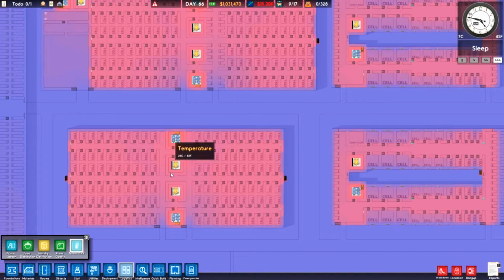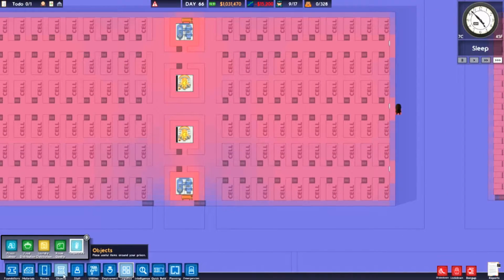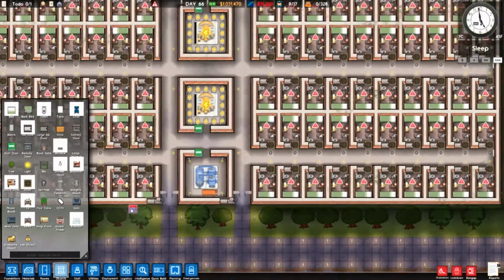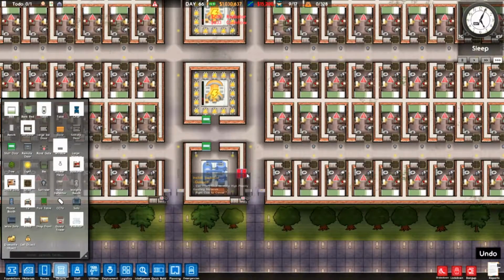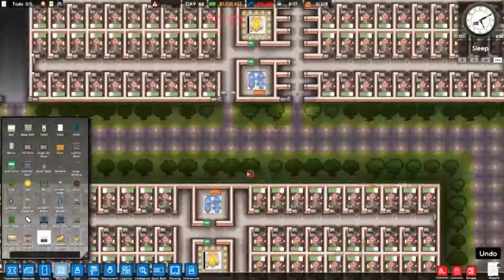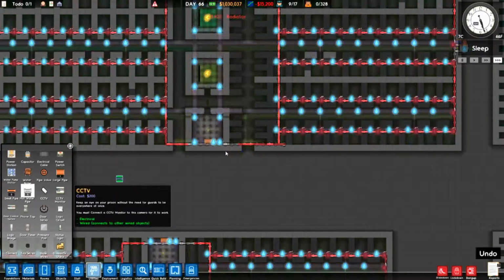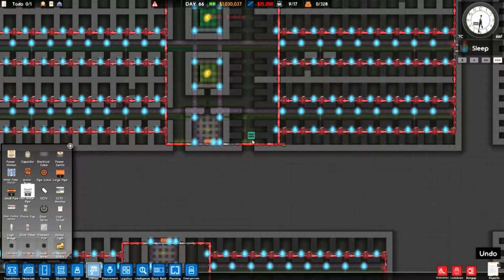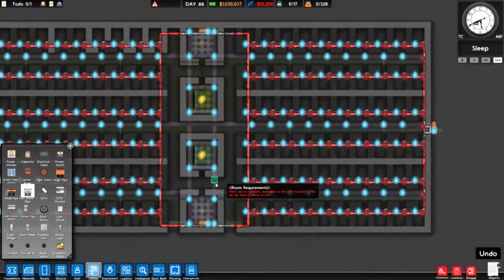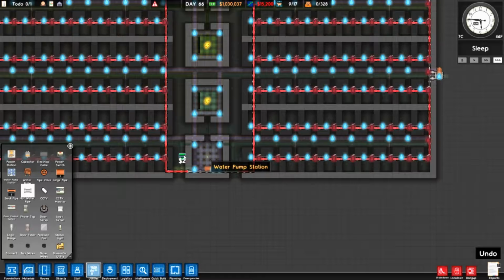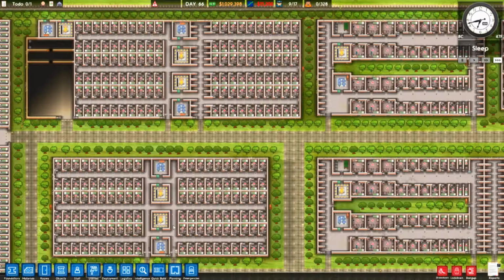So maybe placing a radiator here near the entrances, and then of course connect the pipes to it. So that should keep the prisoners nice and warm.